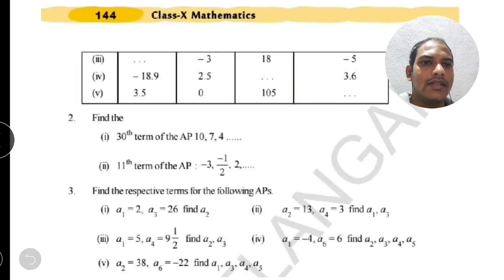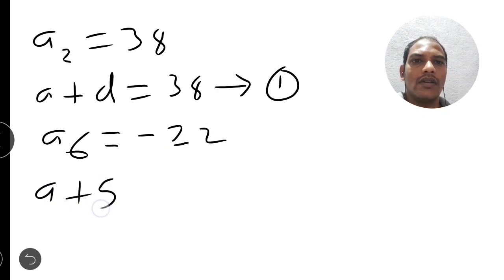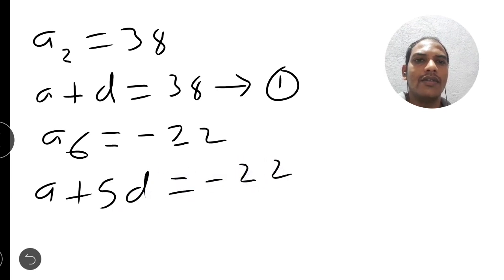Next, A6 equals minus 22, so A6 means A plus 5D equals minus 22.